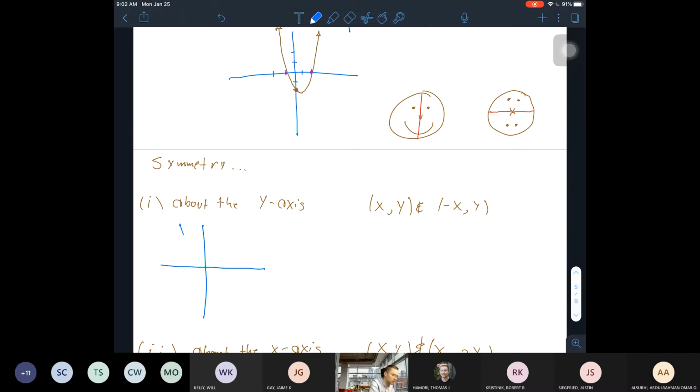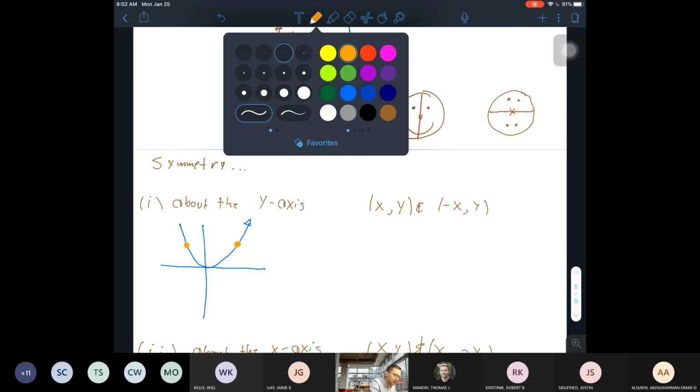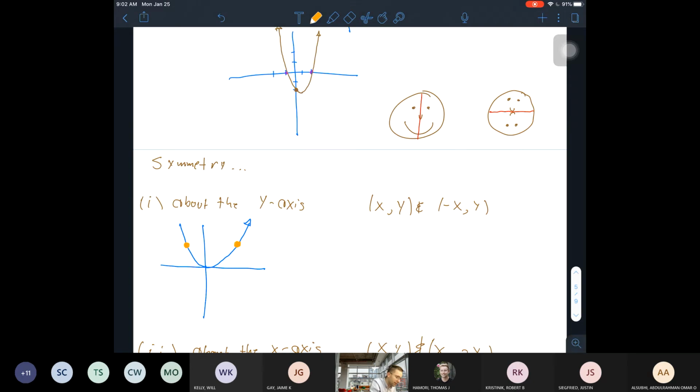What we mean is that for each point on the right side of the y-axis, we have a corresponding point on the left side of the y-axis with the same exact height and same exact distance from the origin. So this would be the point x comma y, and negative x comma y is also a point on the graph.